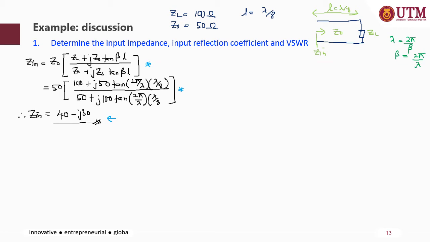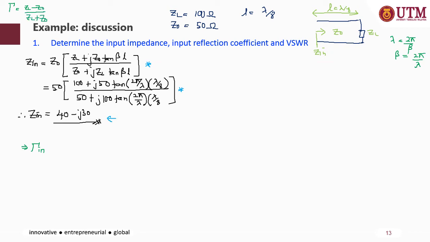Next, the input reflection. Okay, you should read the question carefully. If the question just asks you about reflection coefficient, so you know it is ZL minus Z0 divided by ZL plus Z0.